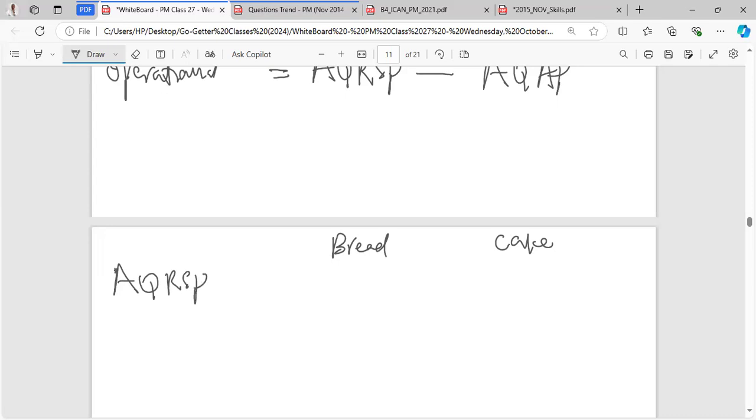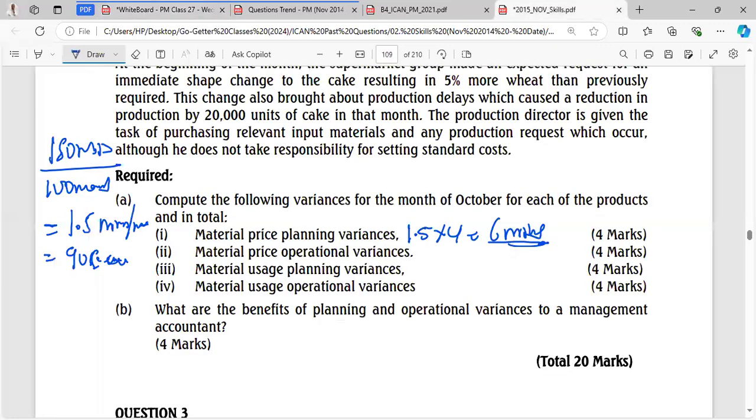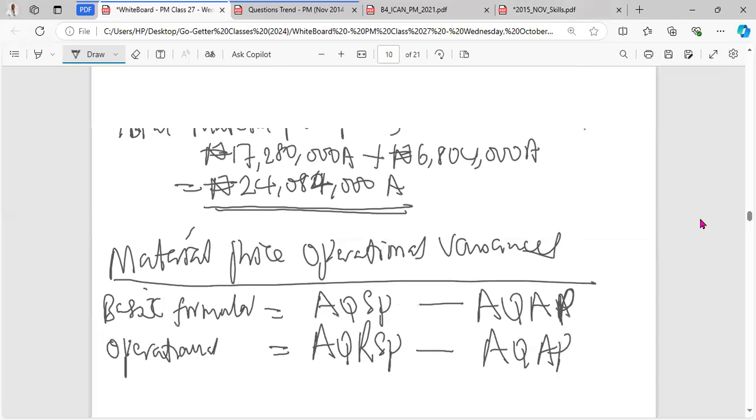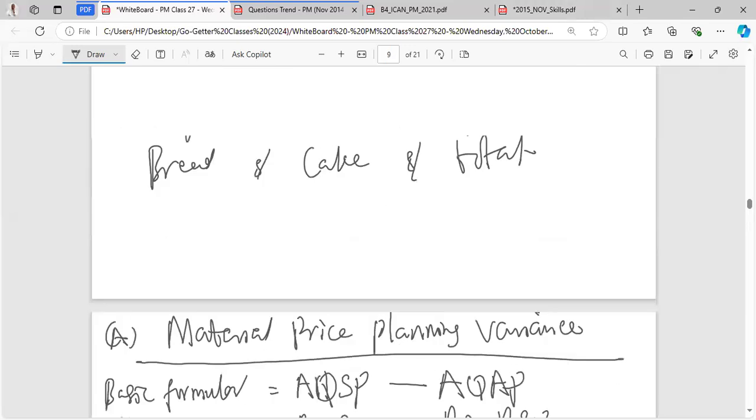What will it be? The actual quantity of flour used in making the bread, let's go up to where we have it.